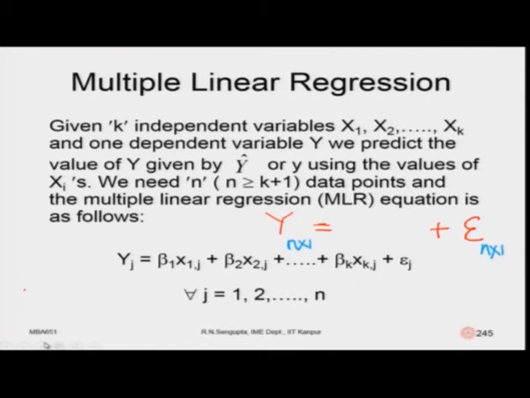The nomenclature difference is only this. If I denote actual x as a matrix of size n cross k, in this case I will use it as k cross n.